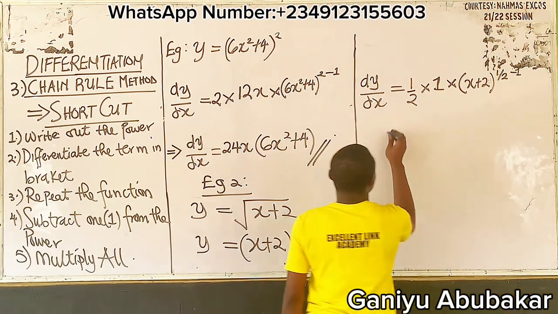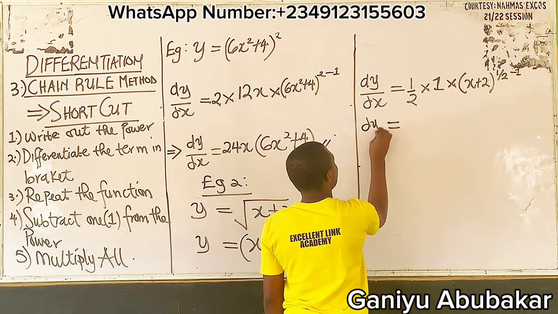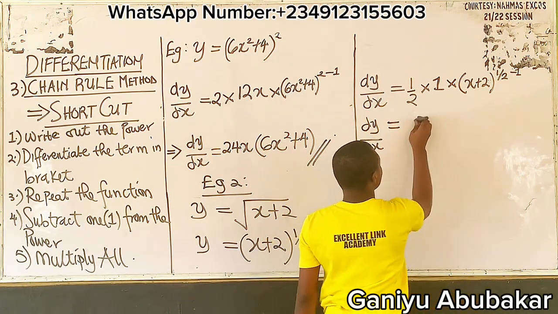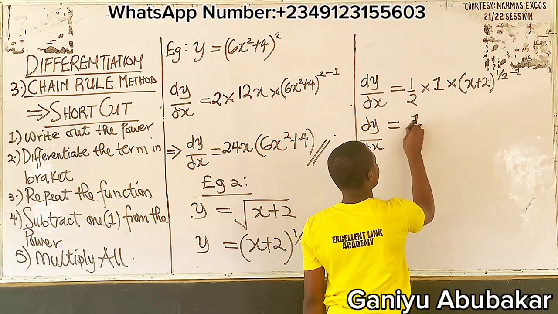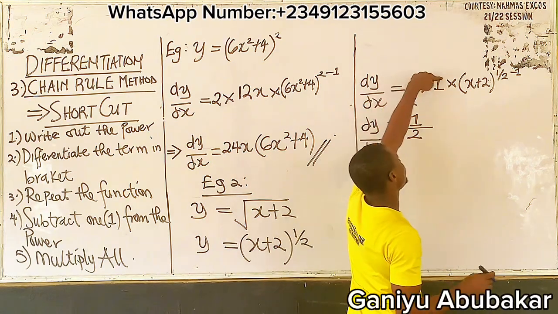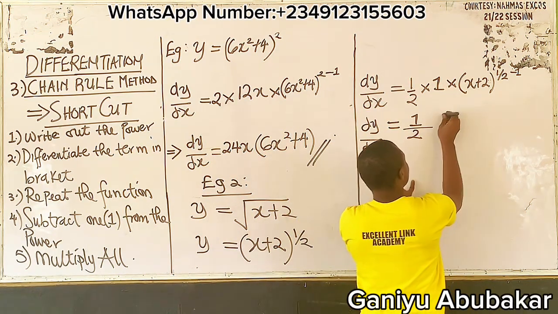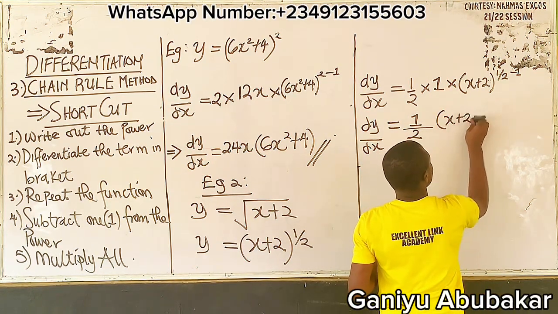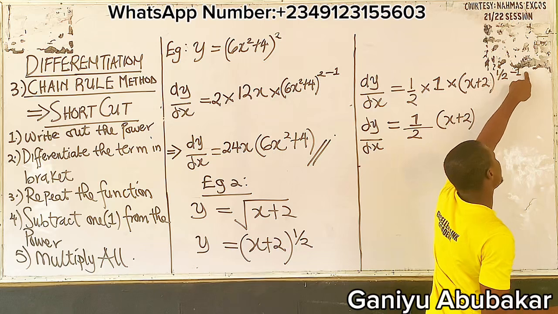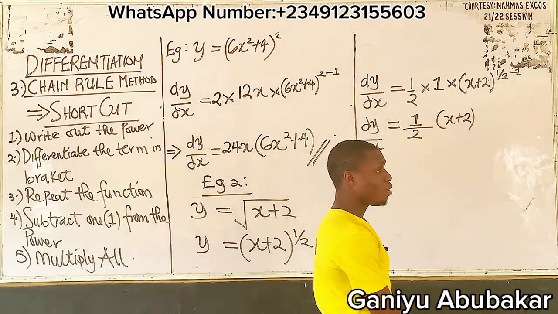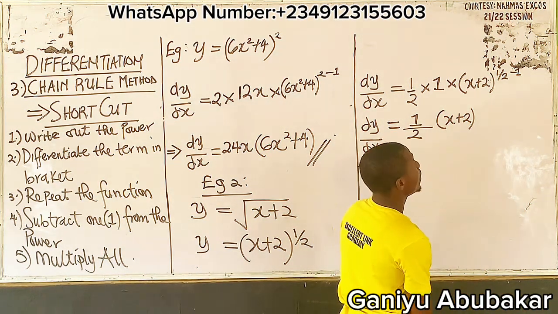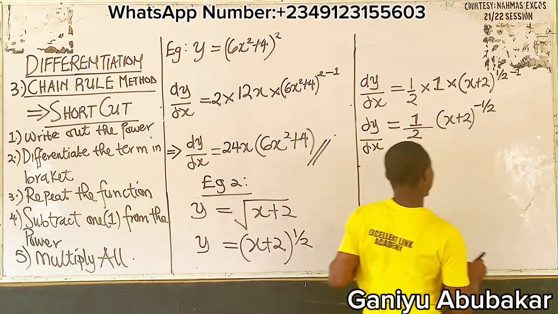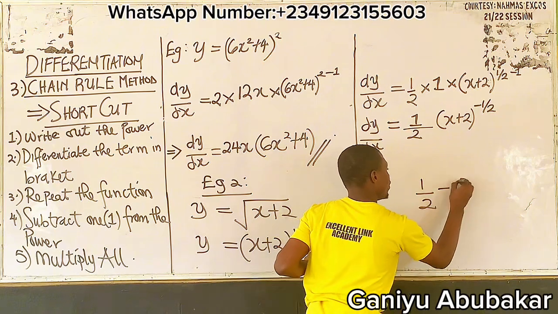In this case, dy/dx will be equal to half times 1, which is of course half, into (x plus 2) to the power of 1 over 2 minus 1.